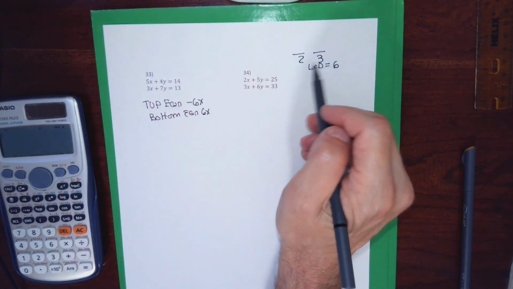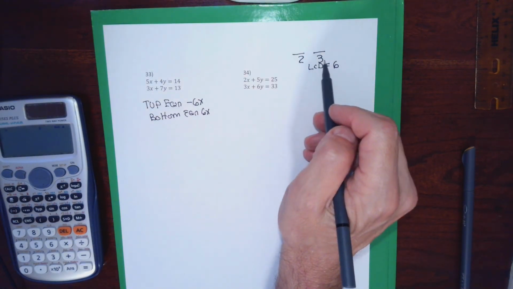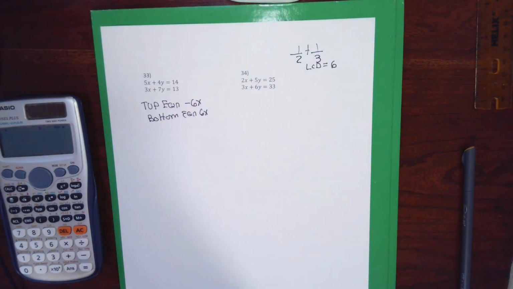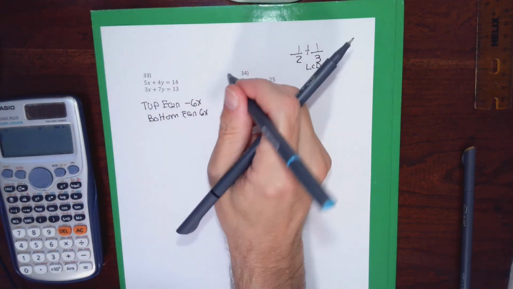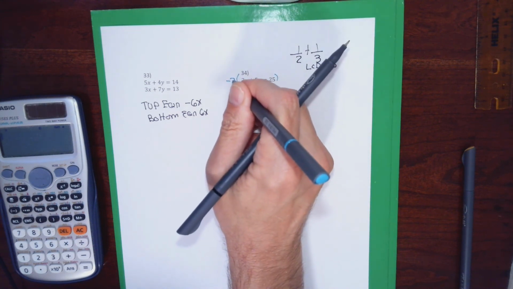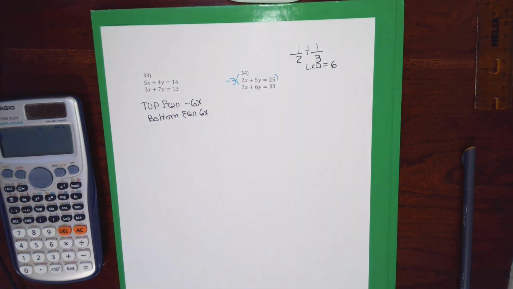The number 6 makes sense to me because that's the least common denominator if I'm adding fractions that have 2 and 3 in the denominator. So I'm going to make 6's happen, but if I made positive 6 for both coefficients, that wouldn't be sufficient because I wouldn't get the canceling I need. So to make the top equation have a negative 6, I'm going to multiply through by negative 3.